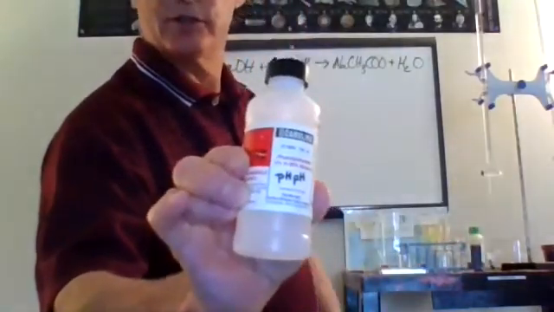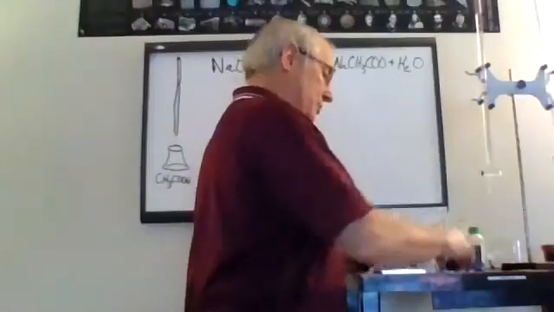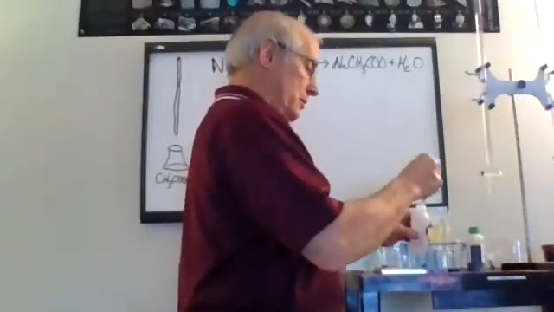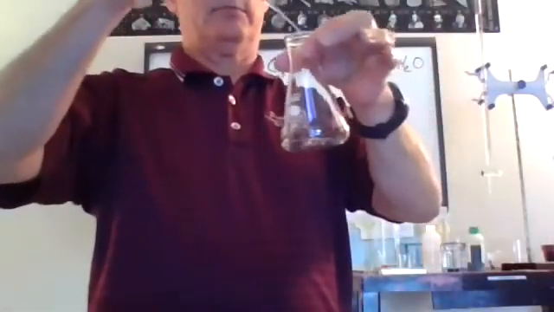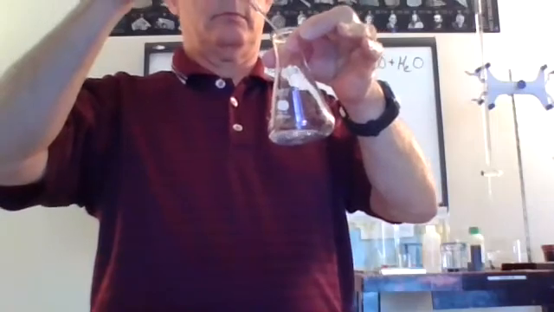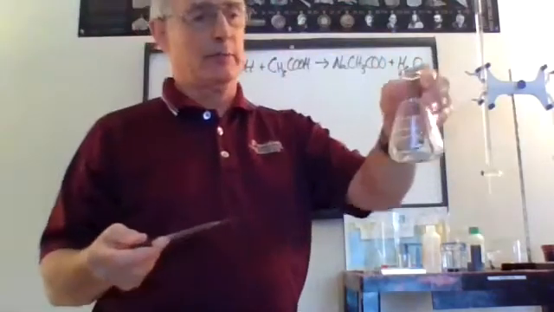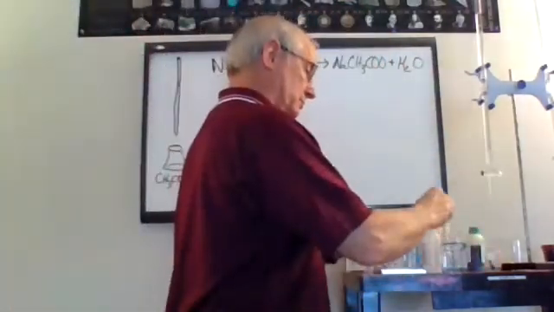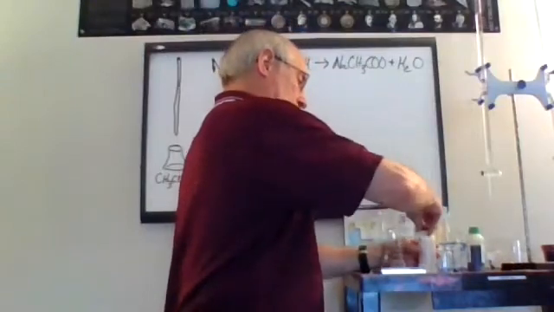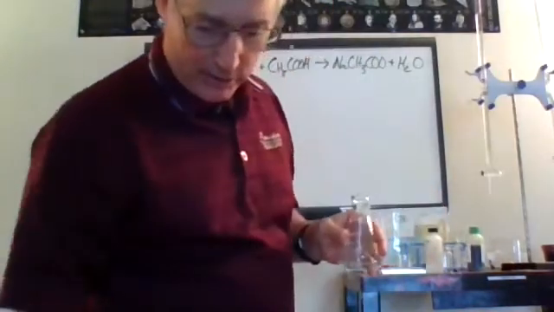Those are affectionate terms. That's called phenolphthalein. And don't ask me how to spell it. So here we go. We're going to go ahead and drop a few drops in there. Notice it's clear because it's in an acid. And then we're going to go ahead and titrate this bad boy.